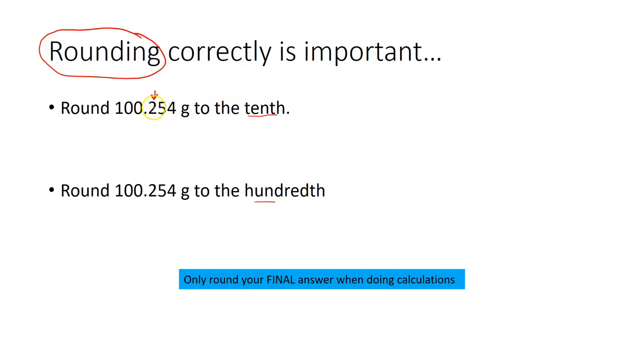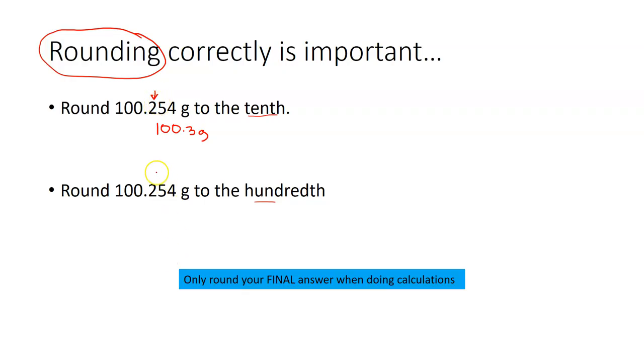Well, I need to round that number based on what comes after it. And whenever the number that comes after is 5 or more, we round up. So to round this to the 10th, that would be 100.3 grams. That's a 5, which makes the 2 round up to the next integer.